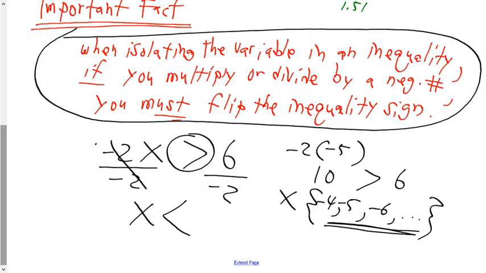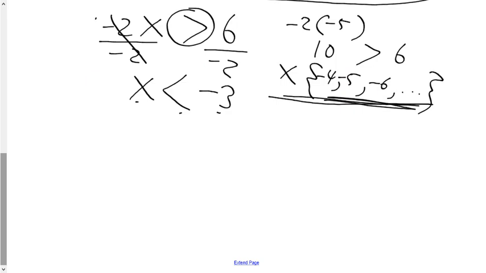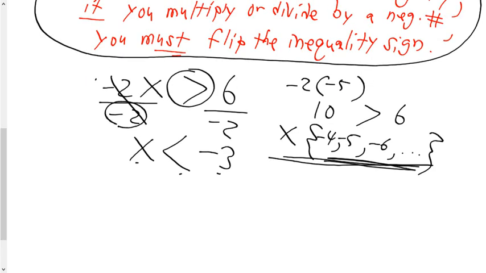Okay? And in doing so, you've righted the ship. You've balanced the math here. Because now it says all numbers less than negative 3, and this set clearly says all numbers less than negative 3. So now it's perfect. Because you divided or multiplied by a negative value, the only thing you have to do in addition is flip your sign. So, Chloe, what number am I going to put in the middle for my number line? What would you put in the middle?